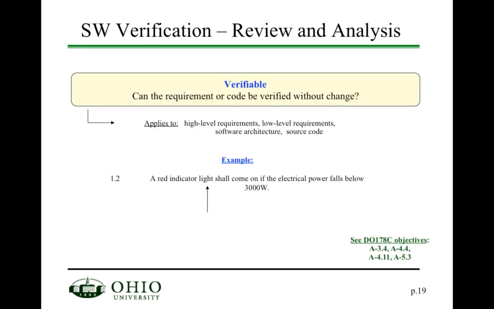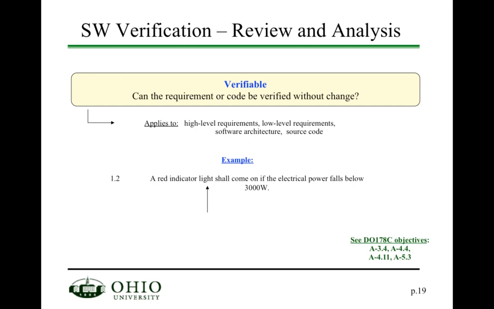Verifiability, we already talked about it when we talked about the systems engineering module, but we really ask ourselves the question, can we verify this particular requirement or code piece without any change? This of course applies to high-level requirements, low-level requirements, software architecture, and source code.